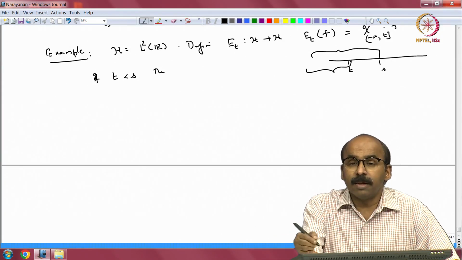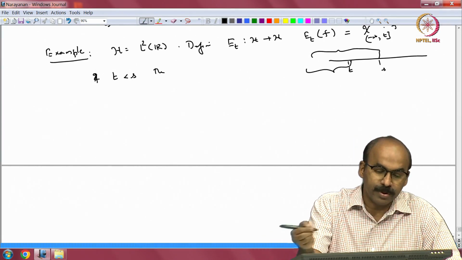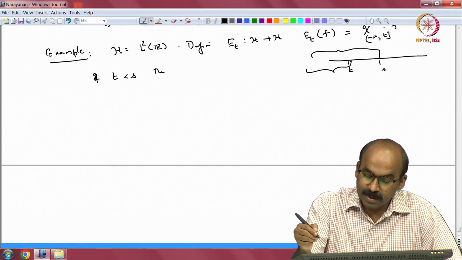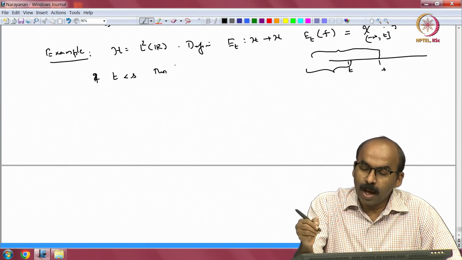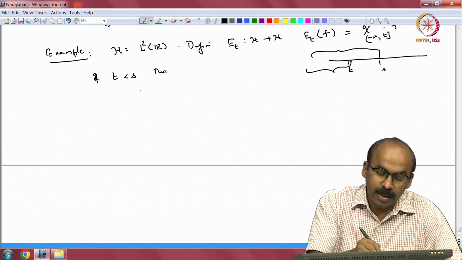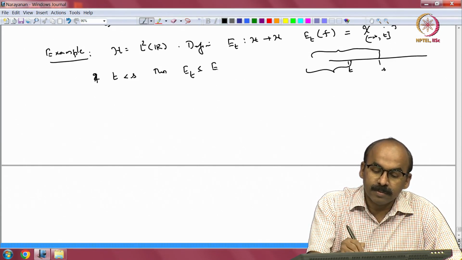So, well, it is a projection because you are multiplying by an indicator function, and if you have seen that, this is an orthogonal projection, right. So, if t is less than s, then well, what happens to E t? So, I want to say E t is less than or equal to E s, right.